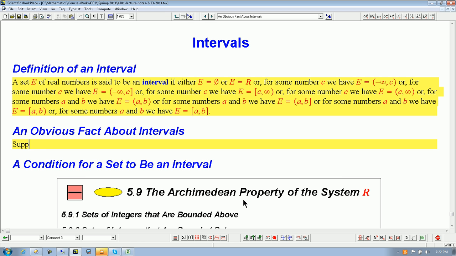Suppose that S is an interval. I've gone back to English language.